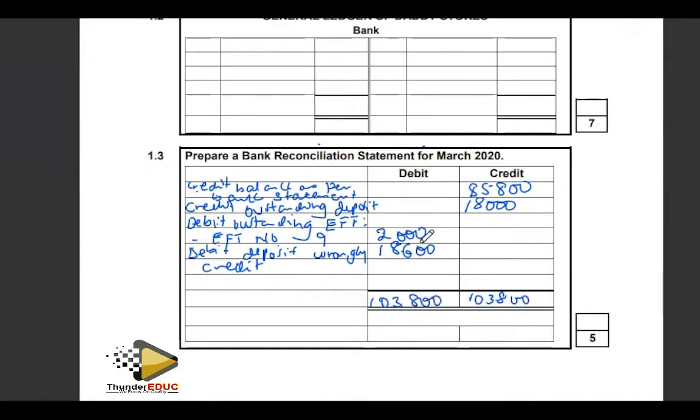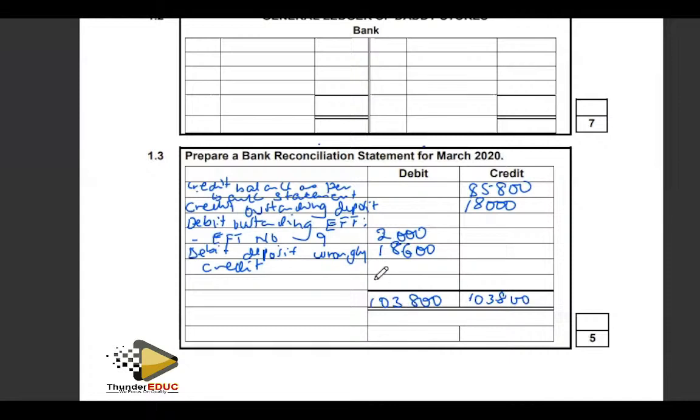But this side, I don't have the same amount, right? So I have to add this side and get what's the difference. So I'm going to just subtract off these two, minus 2,000, okay. So minus 2,000, I'm getting that, minus 18,600.